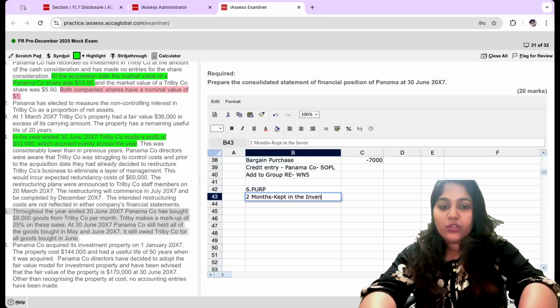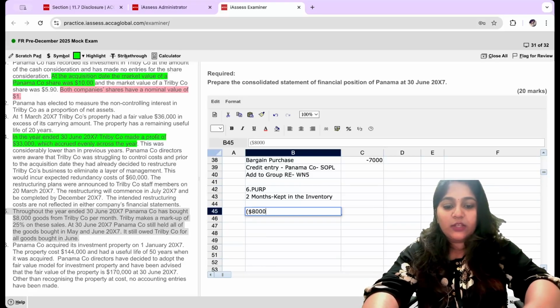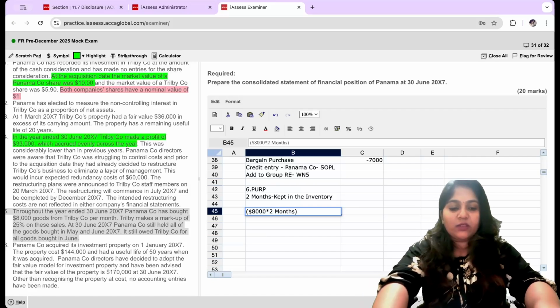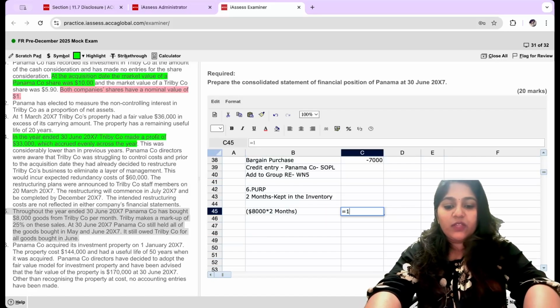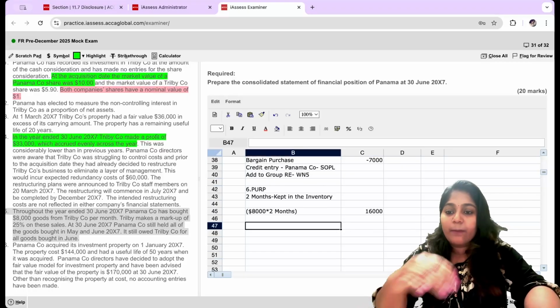So for this, what do you think I will have to do? I will consider $8,000 into 2 months, which is lying in the inventory. That is of how much? That is $16,000. Now it is at markup.